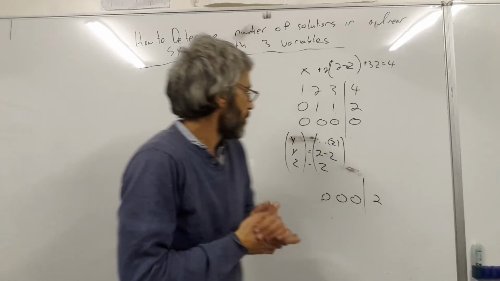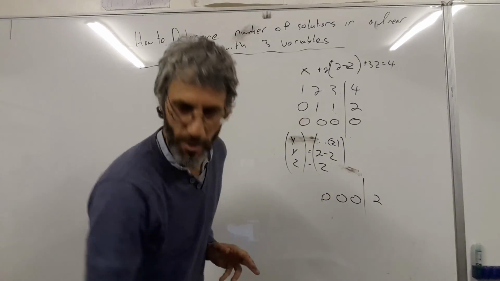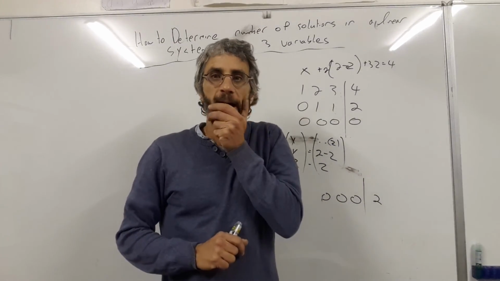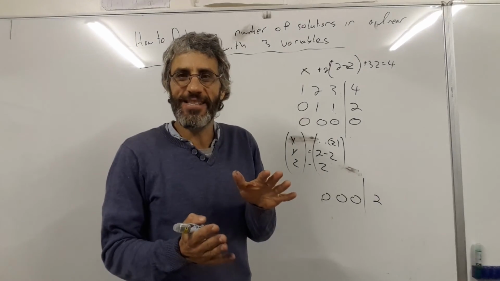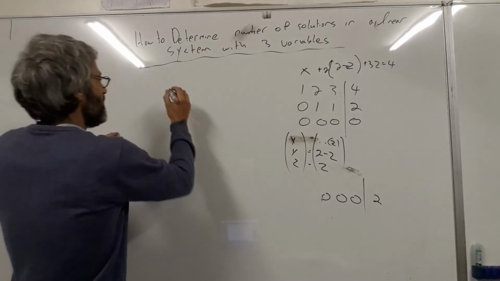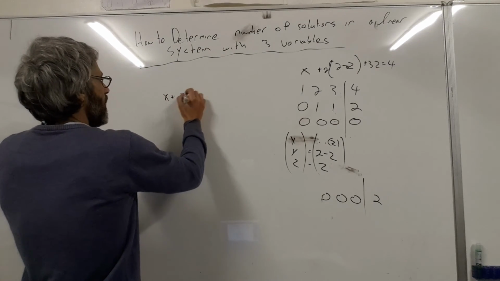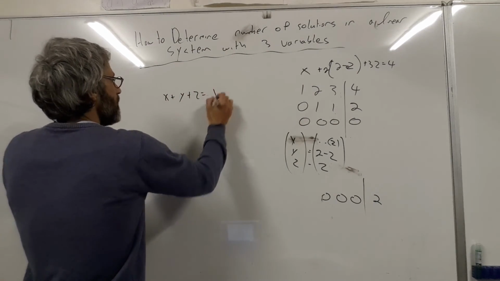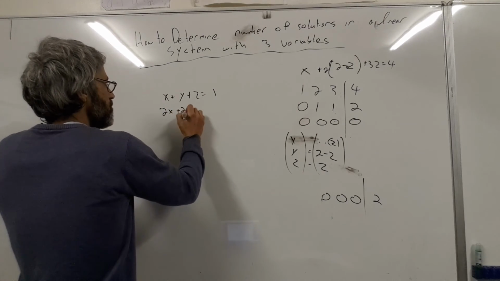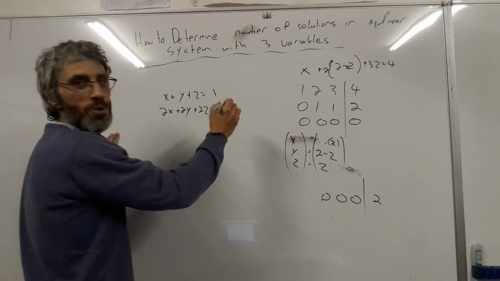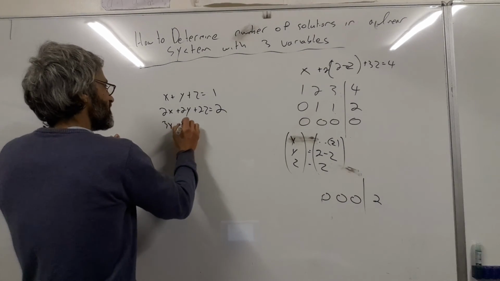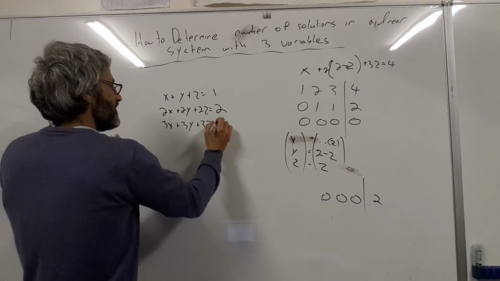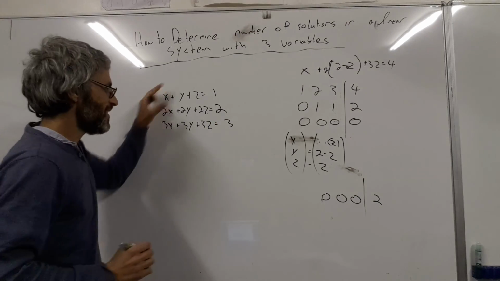So there's another possibility of infinite solutions, which is not a straight line. For example, this: x plus y plus z equals 1, 2x plus 2y plus 2z equals 2, 3x plus 3y plus 3z equals 3.